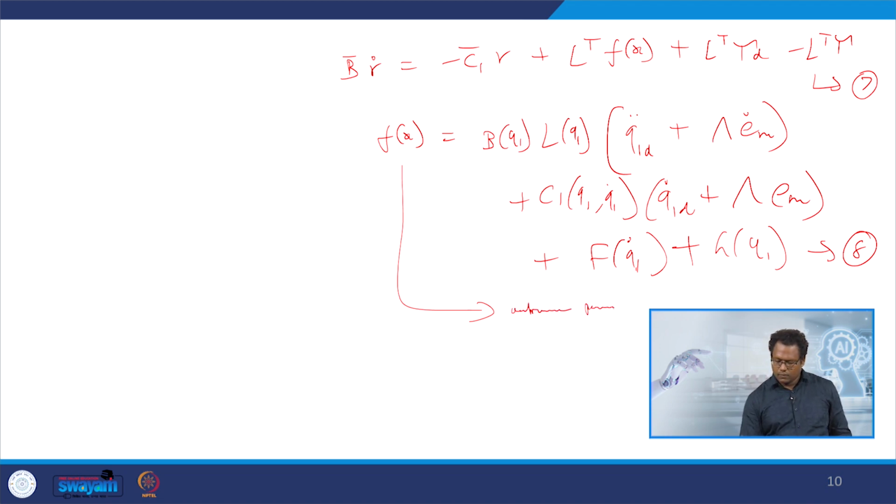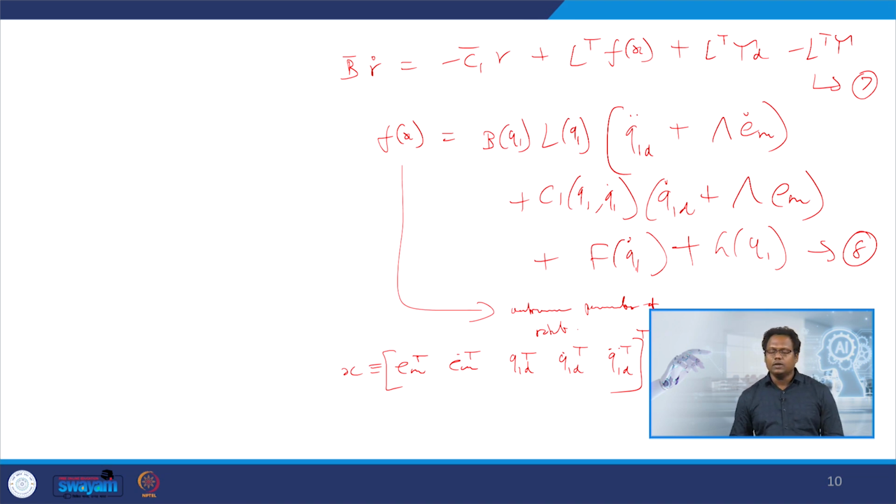Here f of x, where x is defined as a vector that contains all the time signals to compute f of x, is given by Em transpose, Em dot transpose, q1d transpose, q1d dot transpose, q1d double dot transpose, whole transpose. So, this is the input to find the unknown function that contains all the unknown parameters of the robot arm.